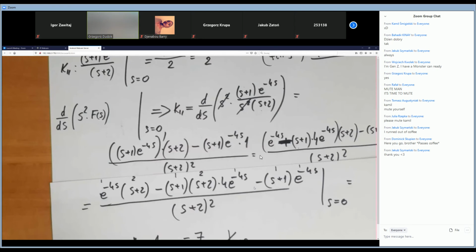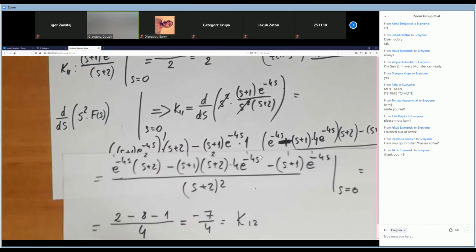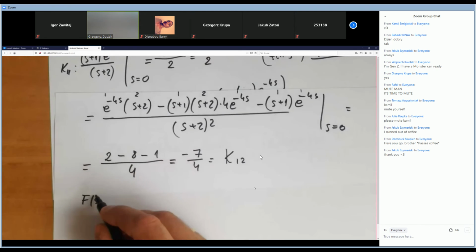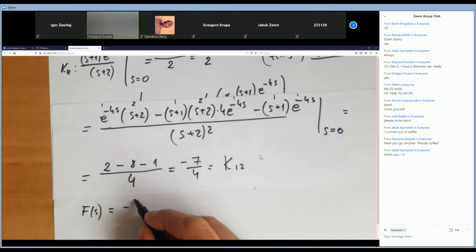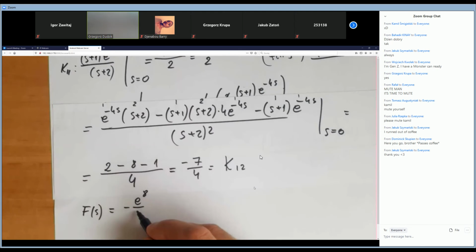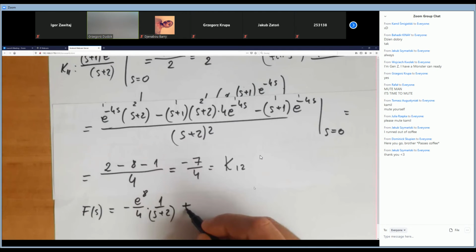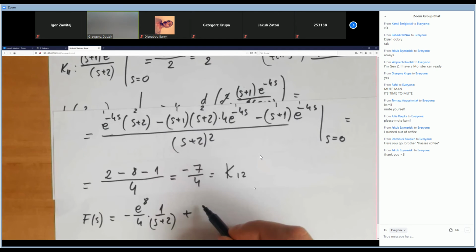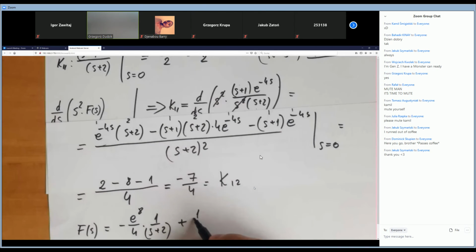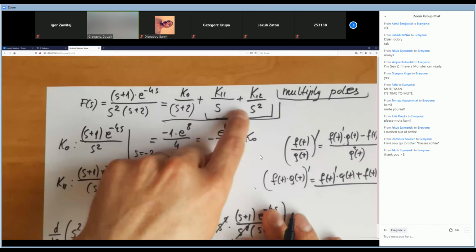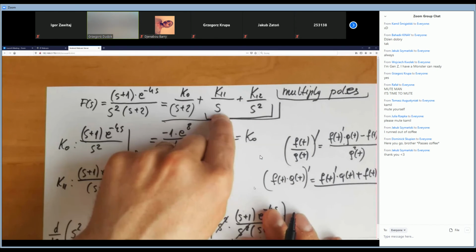So the Fs will be equal K0, which was minus e⁴, times 1/s+2, plus Q11, which is equal 1/2, so 1/2 times 1/s.